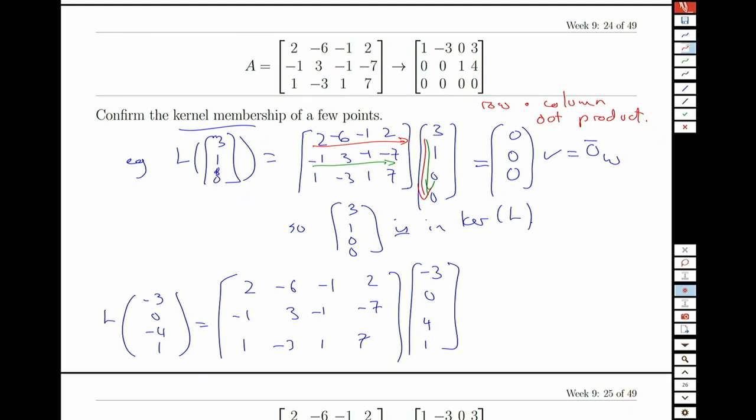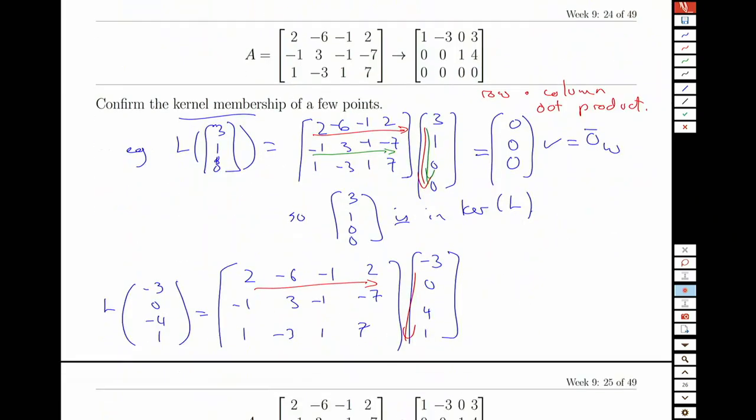And again, we do that dot product across this way, down that way. Whew, a little more complicated. -6 plus 0, -6 minus, sorry. Oh, aha, we found an error. -4 is what is in the vector here. That's better. -6 plus 4 plus 2 gives us 0. Do the same thing again for the next row.